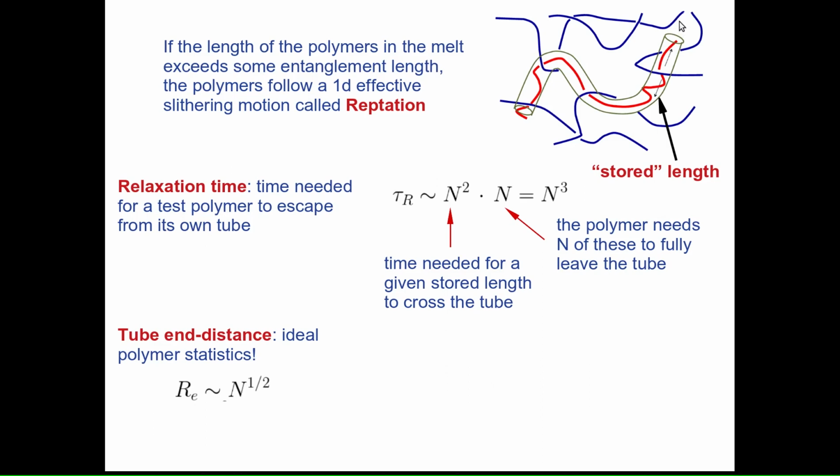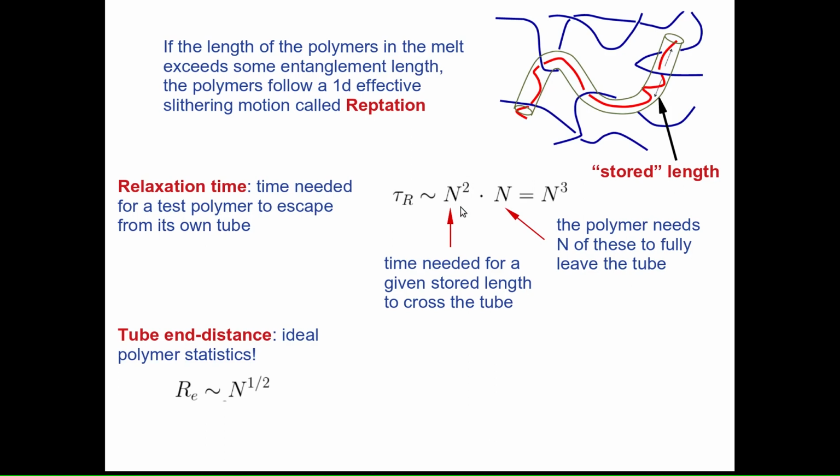Okay. So first of all, suppose that one stored length defect forms here. The length of the polymer is of the order n. So for this stored length to diffuse along the backbone of the polymer of length of order n, you know that the diffusion time scales as n squared.